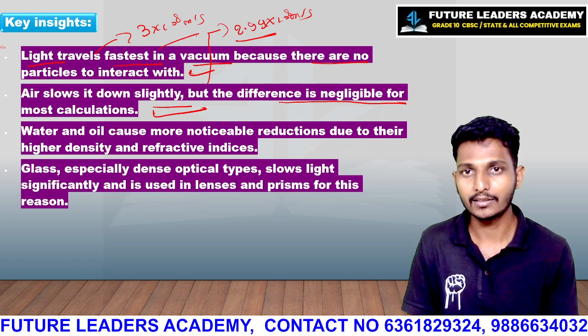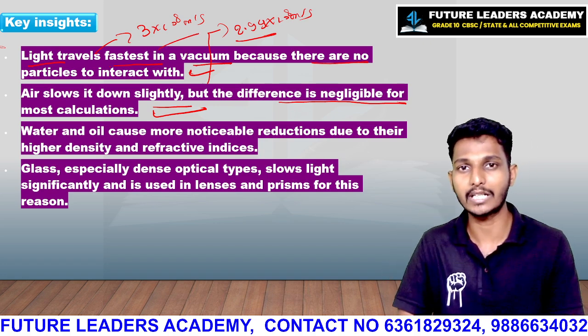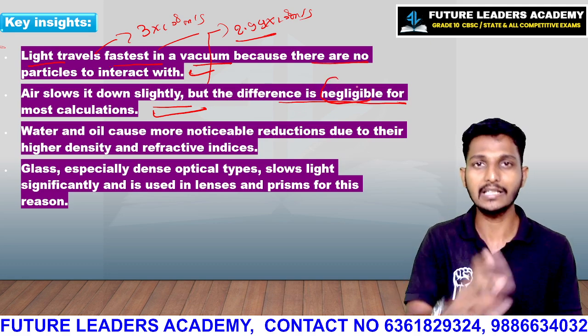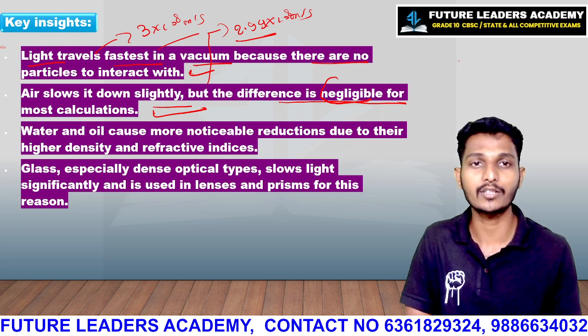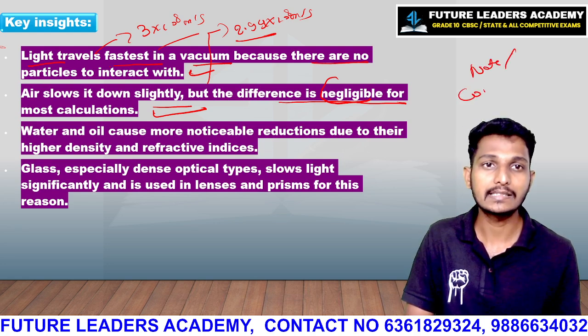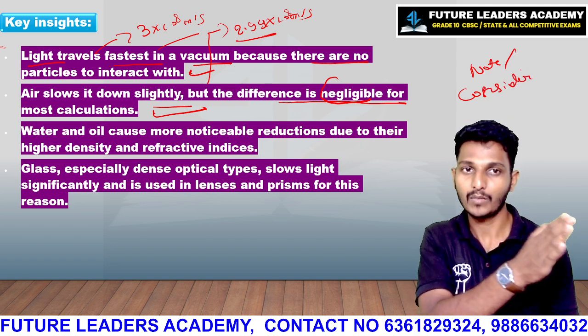These two look similar, just 0.1 difference, so we can neglect it. It will be negligible for some calculations. You remember that. You can take it, but you must mention that note, or consider. You have to write consider at the side in the answer sheet.